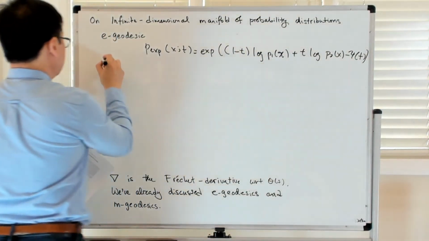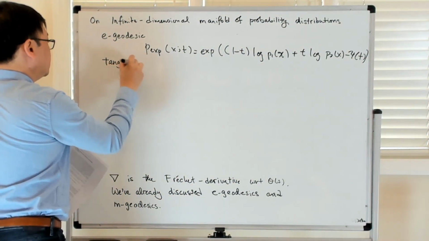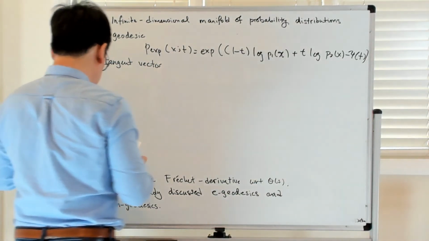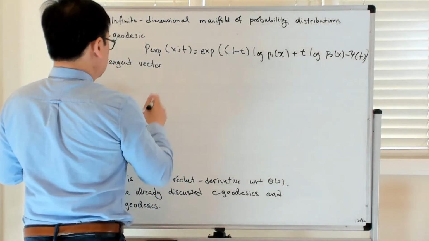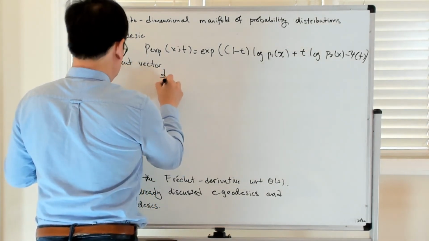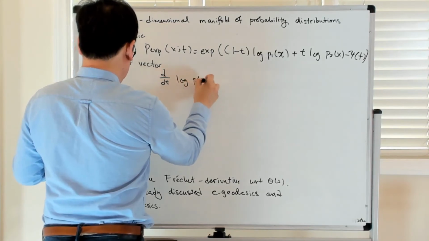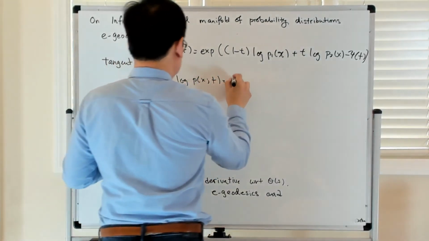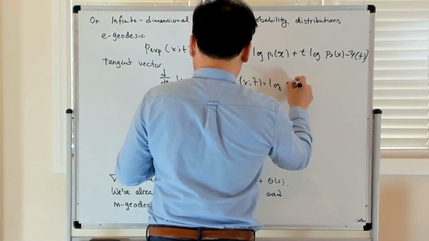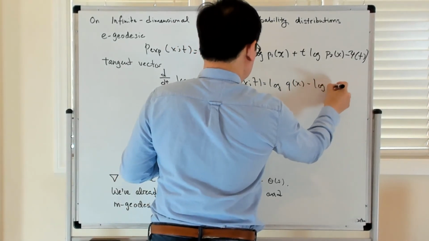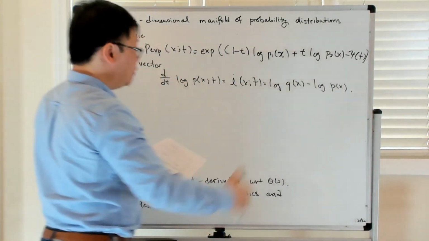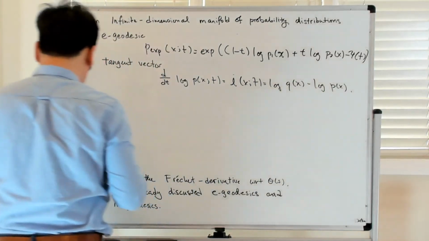And then the tangent vector to that is just d/dt of log p of x and t, which is just log q of x minus log p of x. Okay. So here I'm thinking of q as the second point instead of p1 and p2, but hopefully the idea is the same.